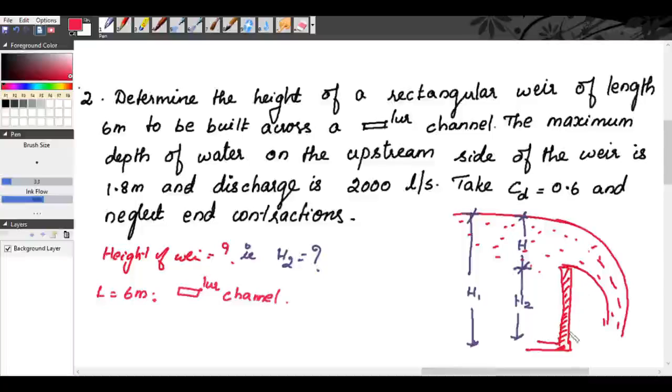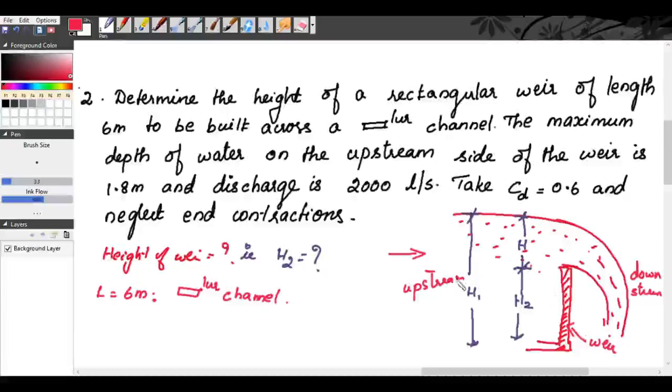So this is the weir, right? So water is flowing, the direction of flow of water is like this, from this side to this side. So this side of the weir is called upstream side, and this is called the downstream side of the weir.